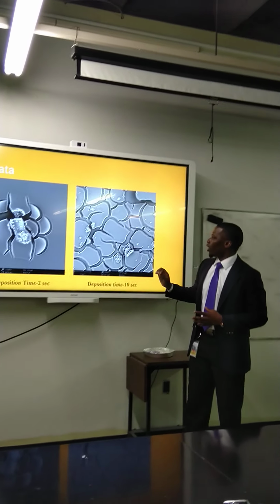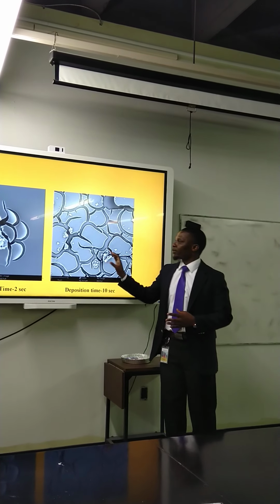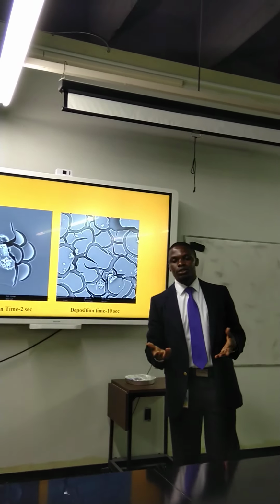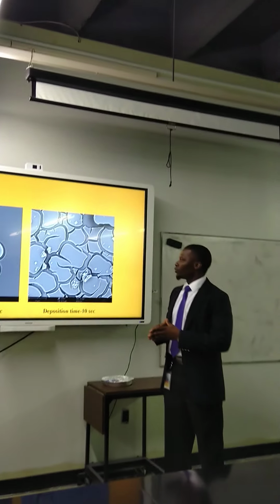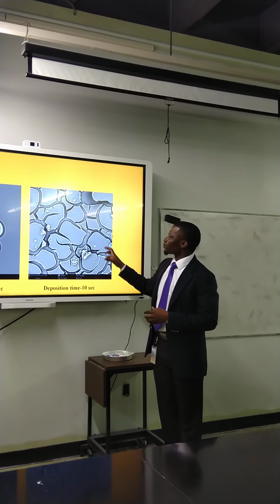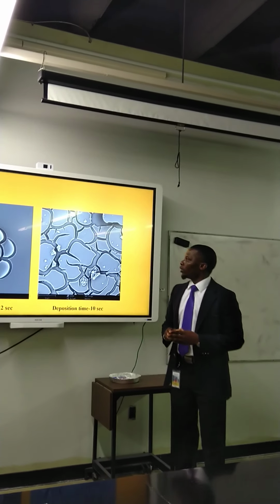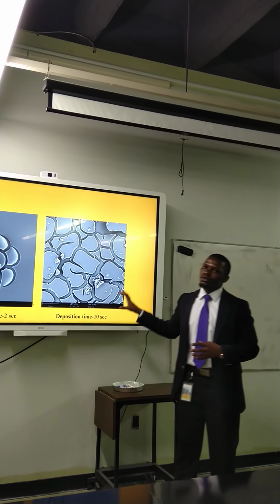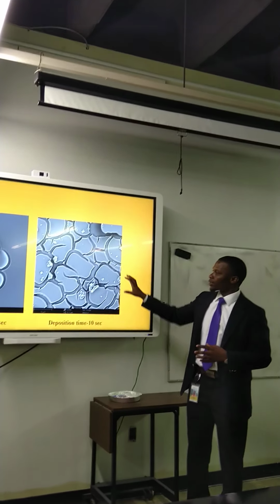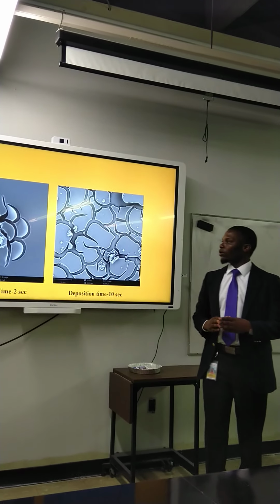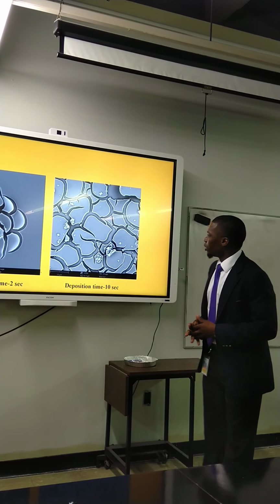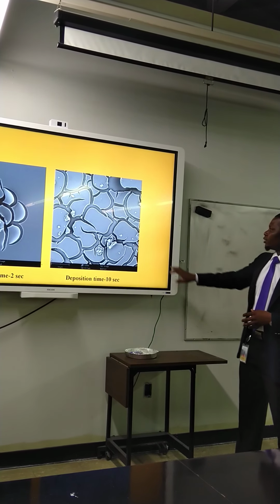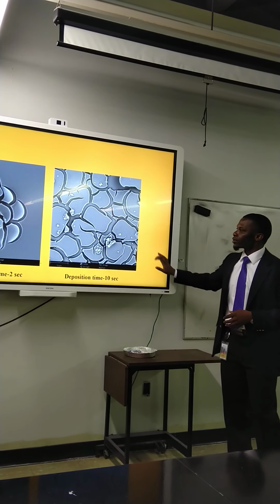What I would try to do in my future research is to work on those cracks, because you see there are so many cracks in there, and on how to make a more homogeneous distribution of nanocrystals.